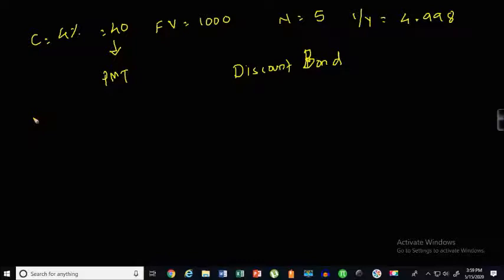What I am getting is 956.78. Compute PV equals 956.789. And yes, this is a discount bond because the face value is 1000 and the market value is less than that. So I hope you have understood what matrix pricing is.